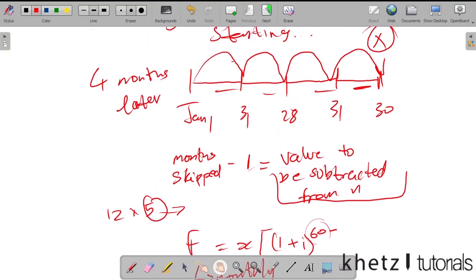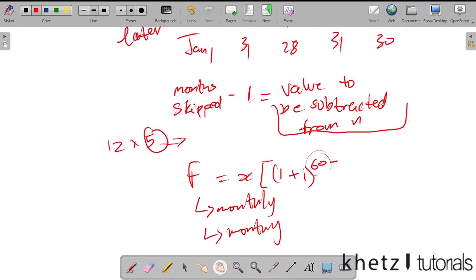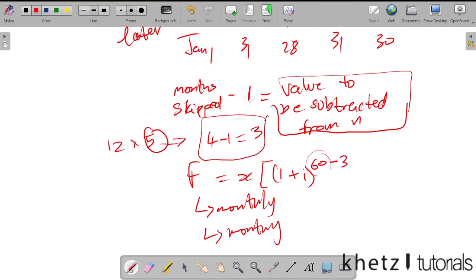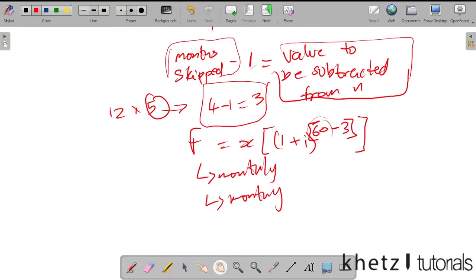So to get the same amount that we wanted to get, we basically have to subtract this value, which is 4 months, subtract 1, which is equal to 3. So we are going to subtract 3 from our n and actually substitute it like that. So the value to be subtracted is the number of months skipped, subtract 1. So that is just a rule.